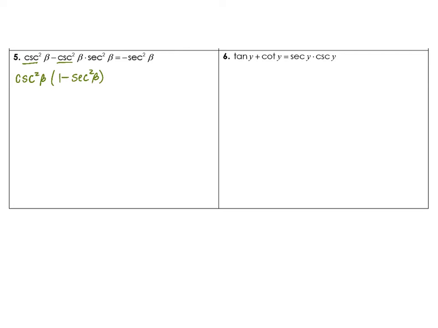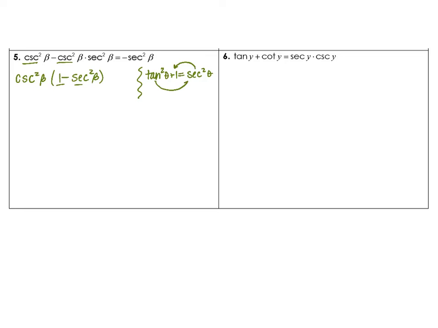And over here to the side, our identity that we can work with, since we have that 1 and a secant squared, we have the identity tangent squared theta plus 1 is secant squared theta. And this one's going to take quite a bit of rearranging because I need 1 minus secant squared. So I'm going to subtract secant squared over.